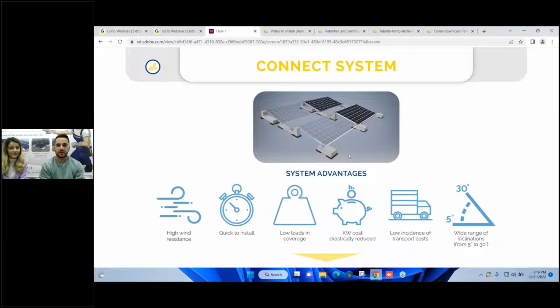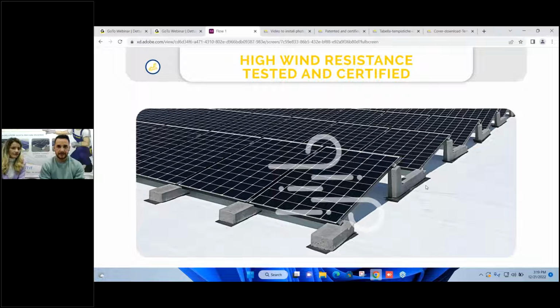That's a perfect solution for bitumen sheath roofs. So we said that it's very wind resistant. It's also tested and certified. Tests have been done in the wind tunnel, and the system can resist up to 150 kilometers per hour.